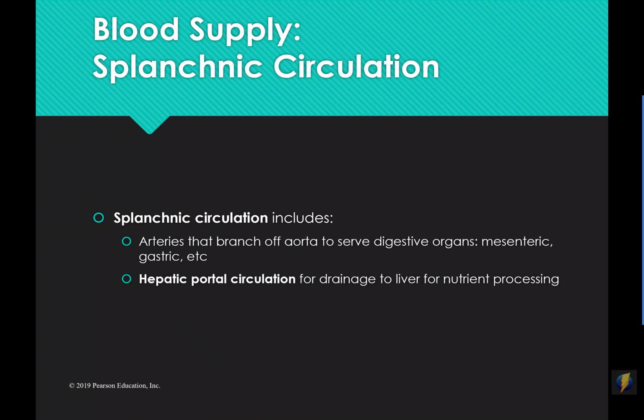But then we also have that hepatic portal system that drains the digestive system into the liver, so that the liver can do all of our nutrient processing. So slightly different blood flow out of the digestive organs than we would see with, say, the skin or something.